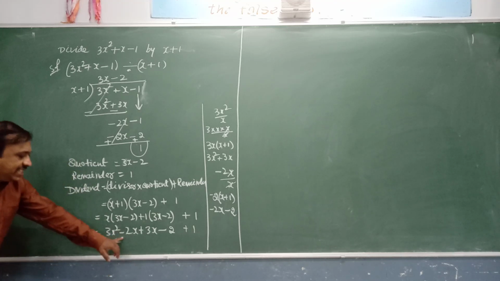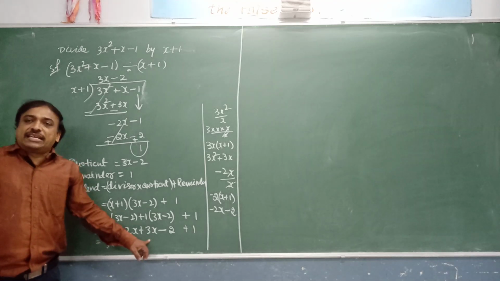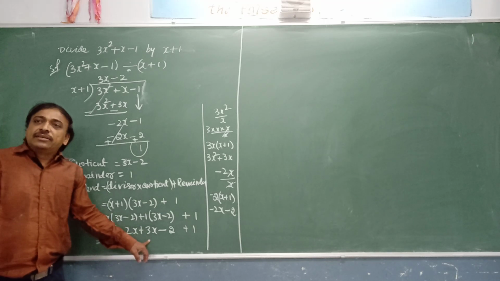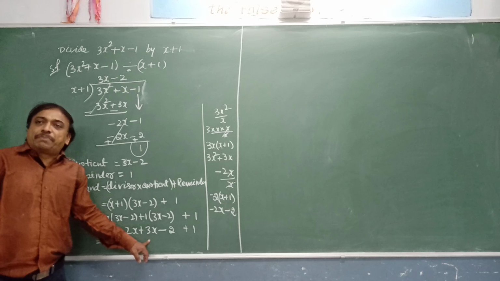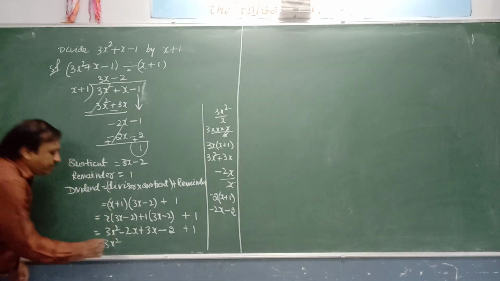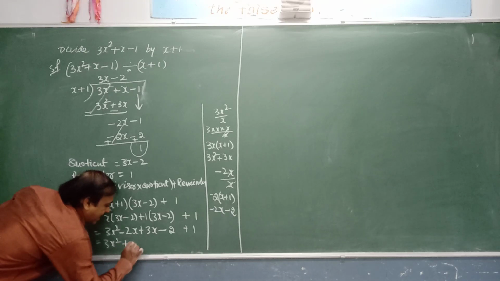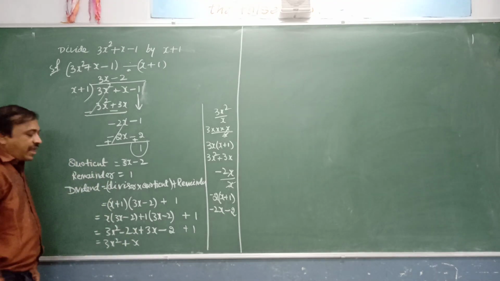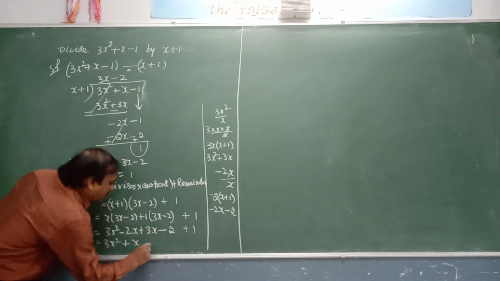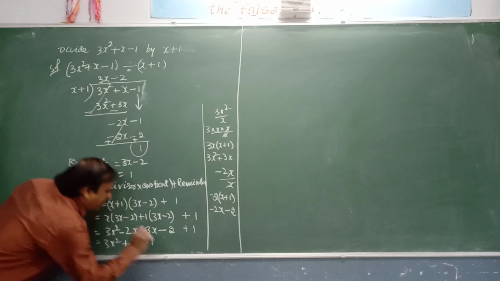Now you see minus 2x plus 3x: one is minus, one is plus, ignore the sign and subtract, keep the bigger number's sign. Minus 2 plus 3, what is the answer? Plus 1x, which is nothing but plus x. Now minus 2 plus 1, which is nothing but minus 1.